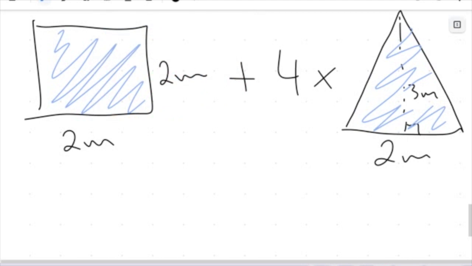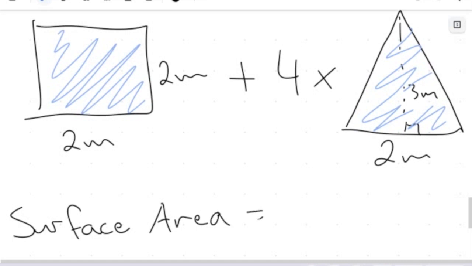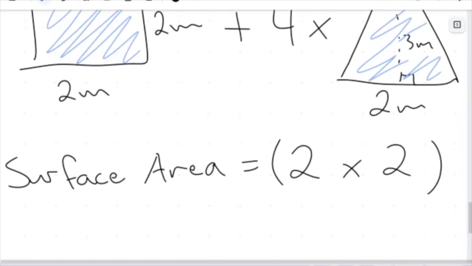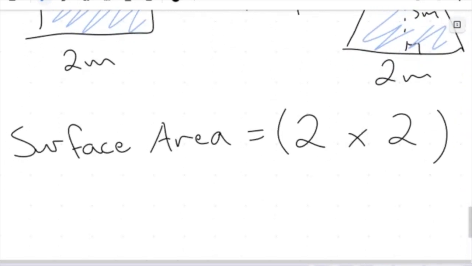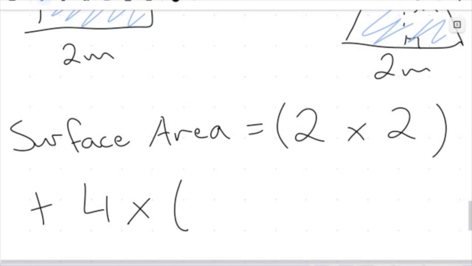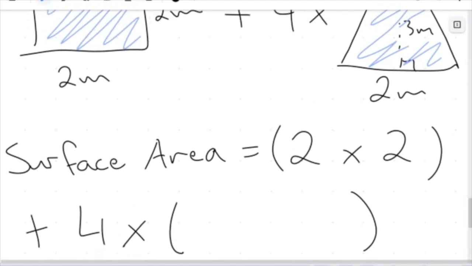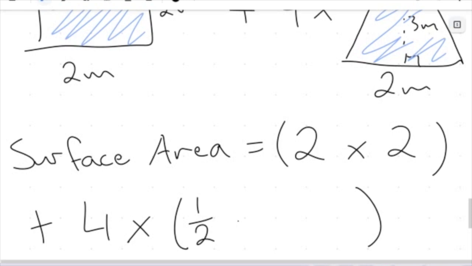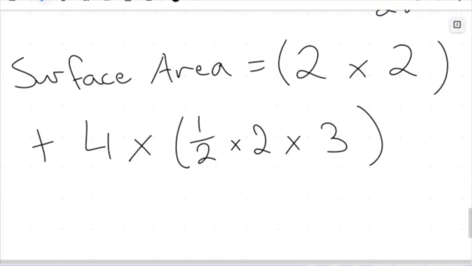So my surface area is going to be 2 times 2. That's my square base here. And to that, I'm going to add 4 times, well, what's the area of my triangle? It's half times my base times my height. So it's half times my base length, 2, times my height of 3.